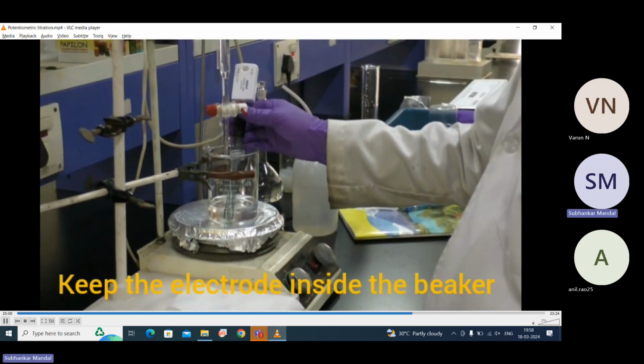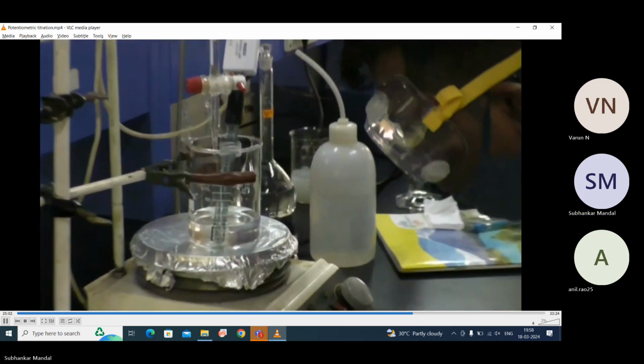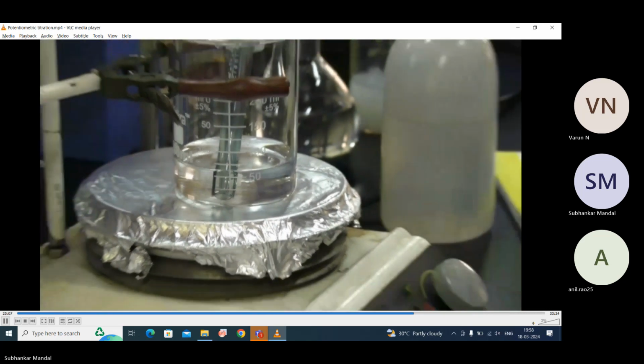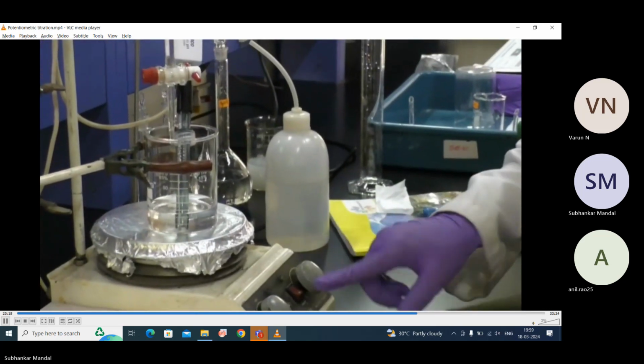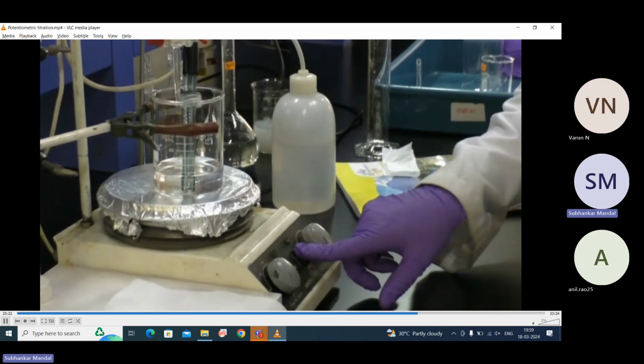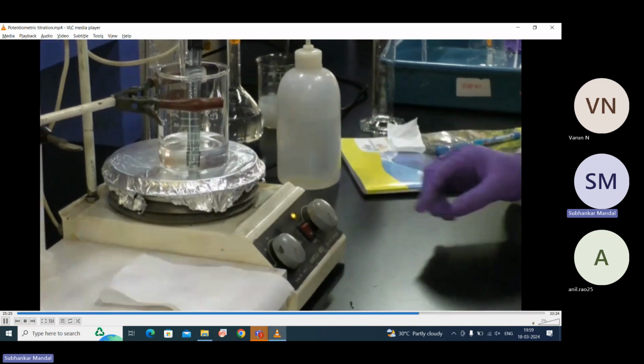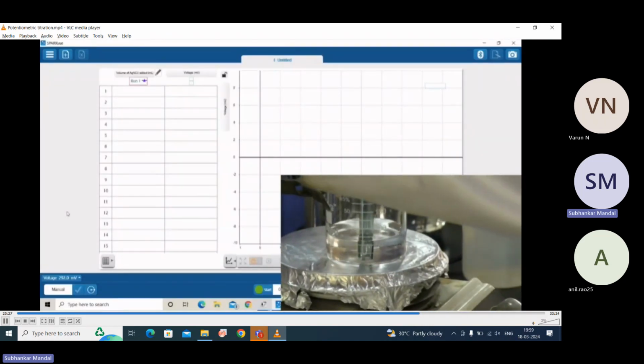Then you can dip the electrode in the beaker, and to stir the solution, you can switch on the magnetic stirrer so that it will mix the analyte properly.